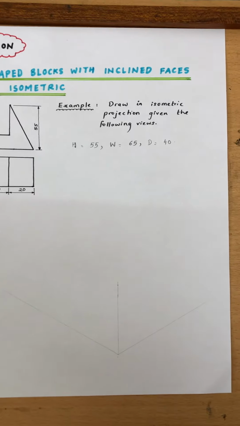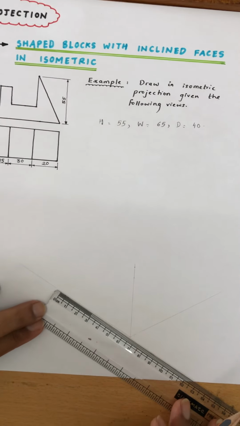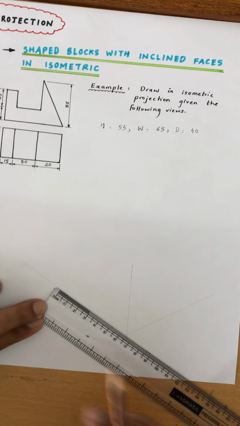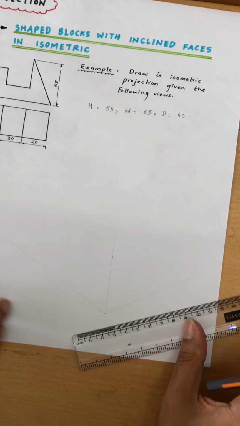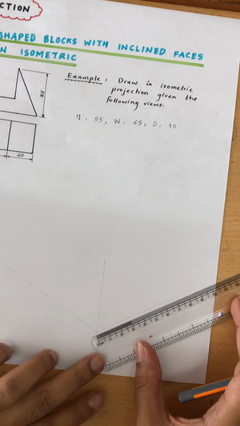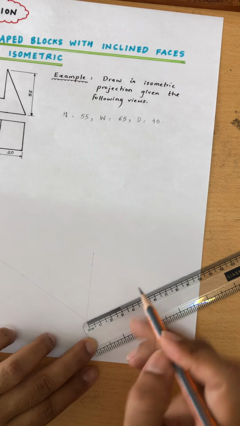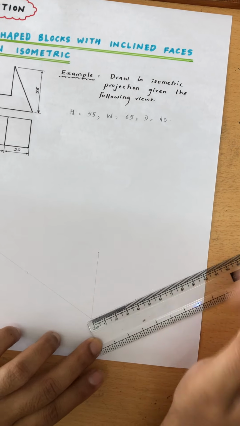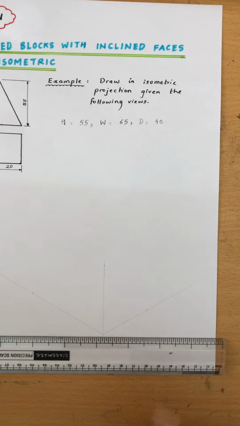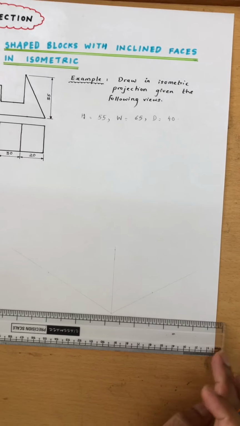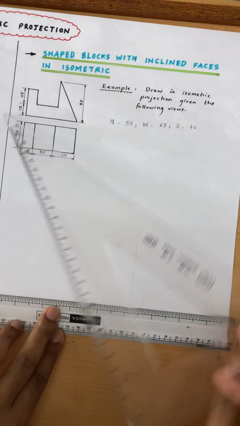This is the width, which has to be 65, that is 6.5 centimeters here. And then this one, which has to be 40, denotes the depth. So we put a mark at 4 centimeters. And then I'm going to use these three lines plus the reference points in order to complete the crate.